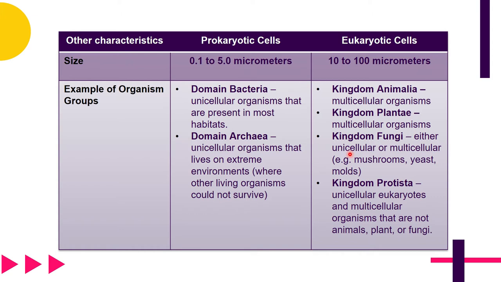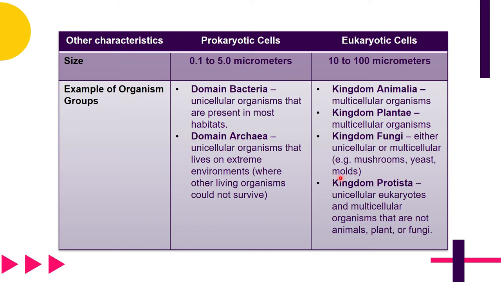For example, we have unicellular organisms under the kingdom Fungi, and one example is yeast. You know yeast, it is mixed into bread so that the bread rises. For multicellular organisms under kingdom Fungi, another example is mushrooms. Then we also have other organisms under the kingdom Fungi, for example mold.